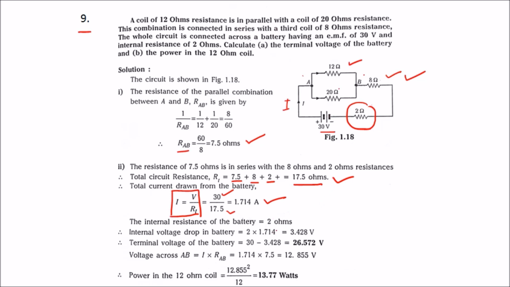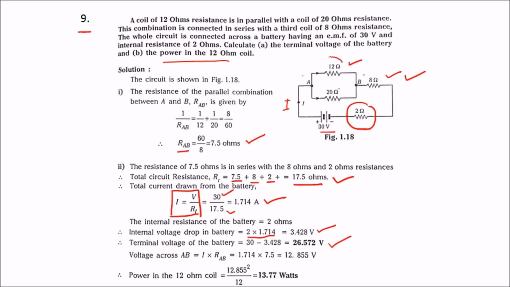We know the internal resistance is 2 ohm, so multiplying it by the circuit current, we get the internal voltage drop. Subtracting this from the supply voltage, we get 26.572 volts.